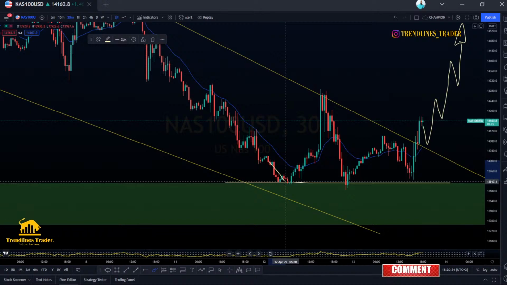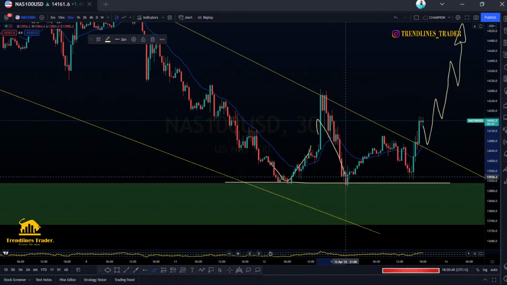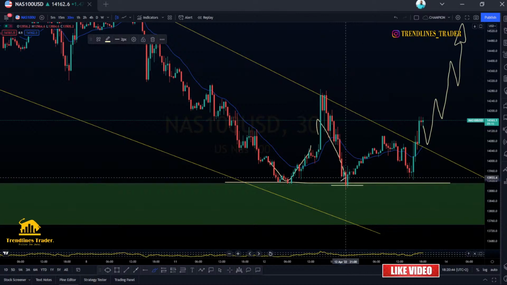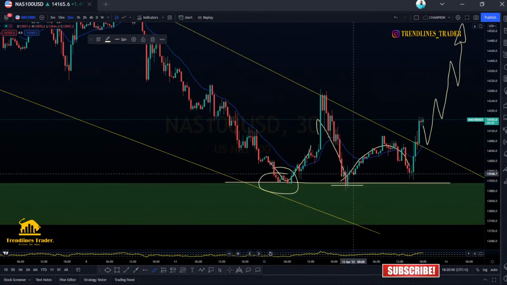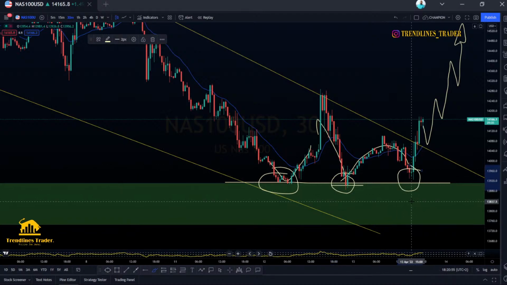The price found support around this level and pushed towards the upside. The price came back and retested the level. Still, it respected the level and pushed towards the upside. It came back to the level. If you count, it was 1, 2, now the third touch. What do you expect? Anything can happen.